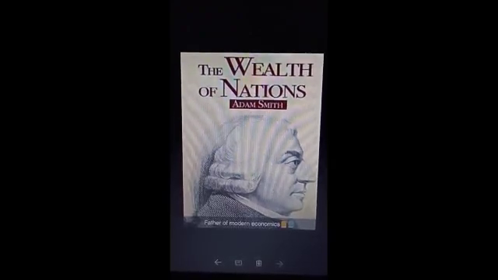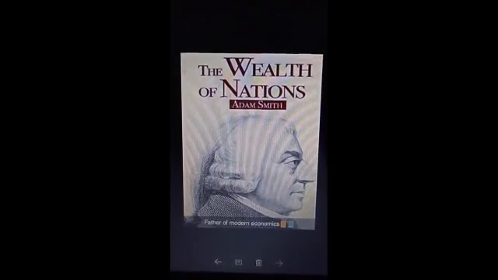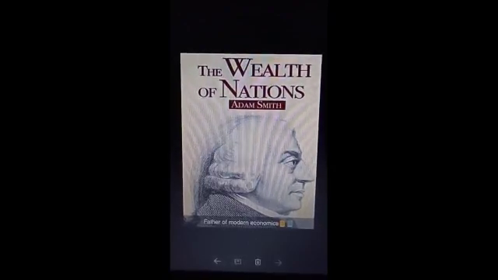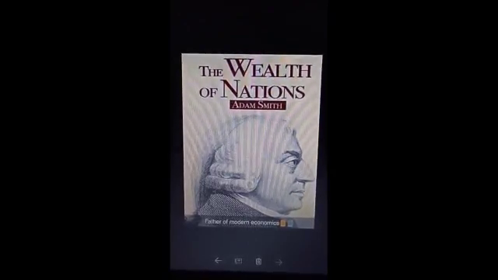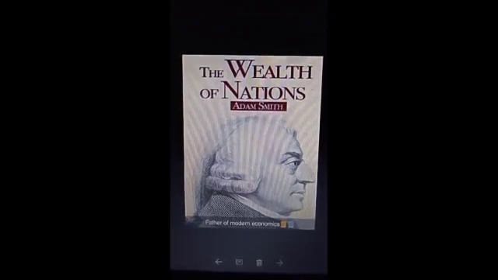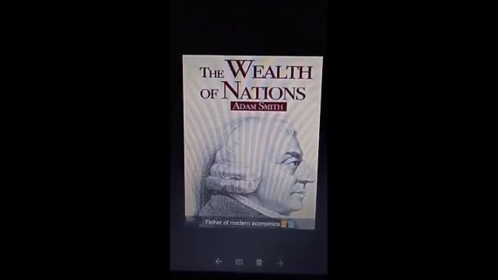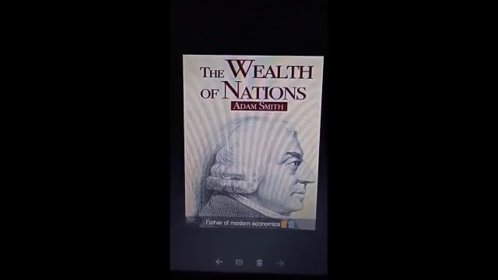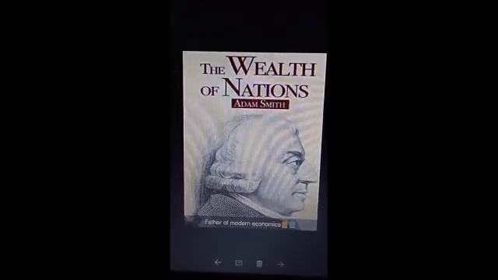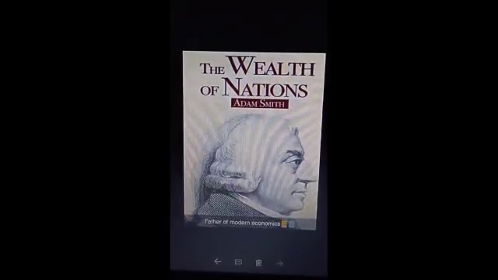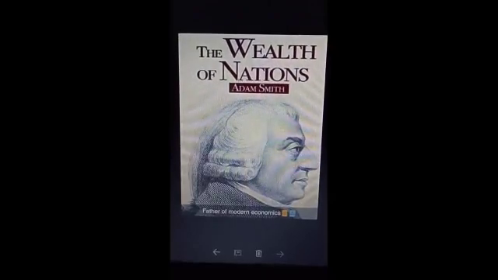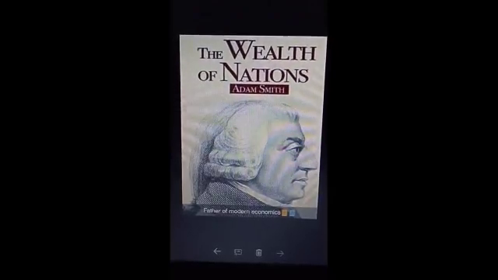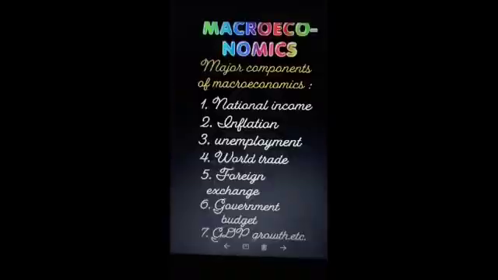He wrote the book The Wealth of Nations, in which he described the importance of modern economics, or macroeconomics, because he raised a concept of how the wealth of nations can be measured or calculated, or what is the basis for saying that one economy is better than another.